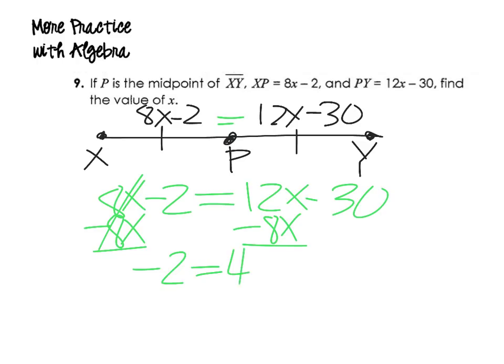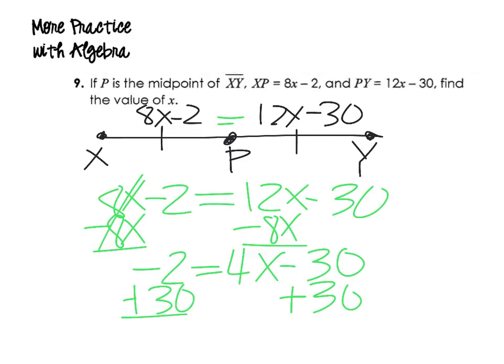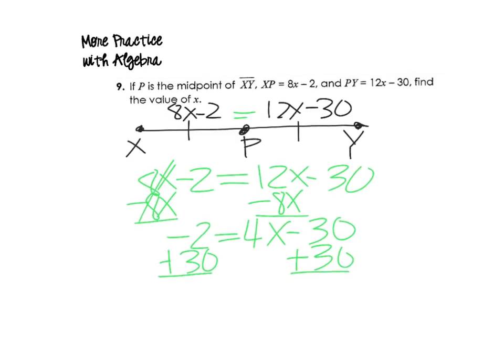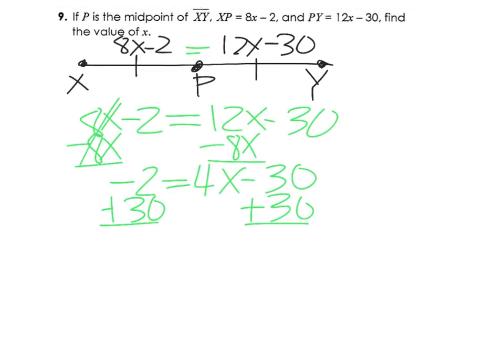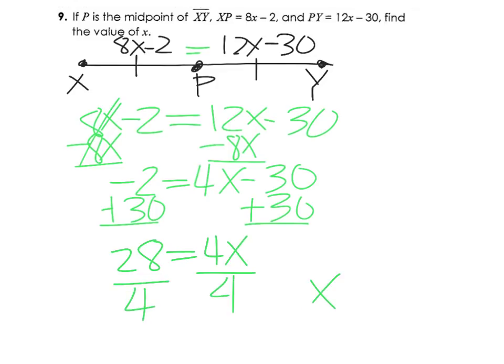Negative 2 equals 4X minus 30. Move the 30 over to the other side. So we add 30 to both sides. We get 28 equals 4X. Divide by 4. And X equals 7. The problem's just asking us to find the value of X, so we're done.